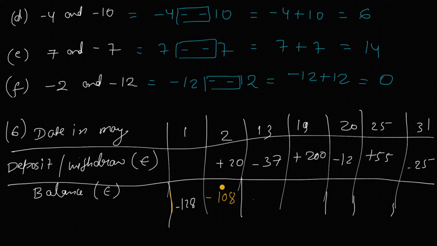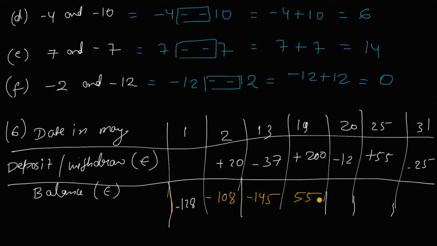Now on this, we are going to withdraw the money, that is 37. So negative 108 and minus 37 will give you negative 145. Okay, now on this you are adding 200. So it will be 55.